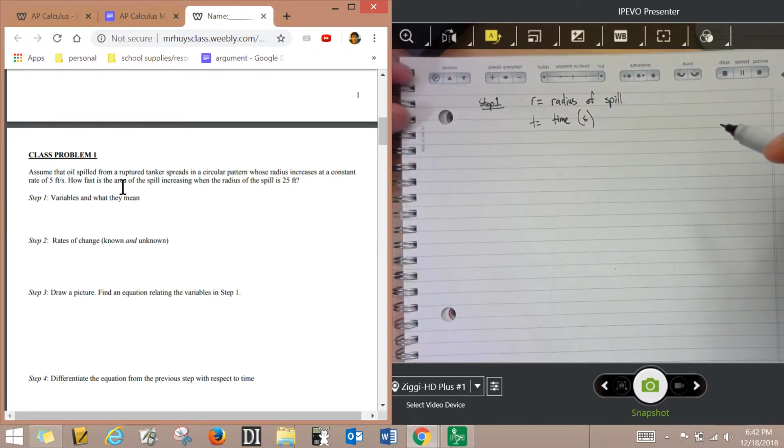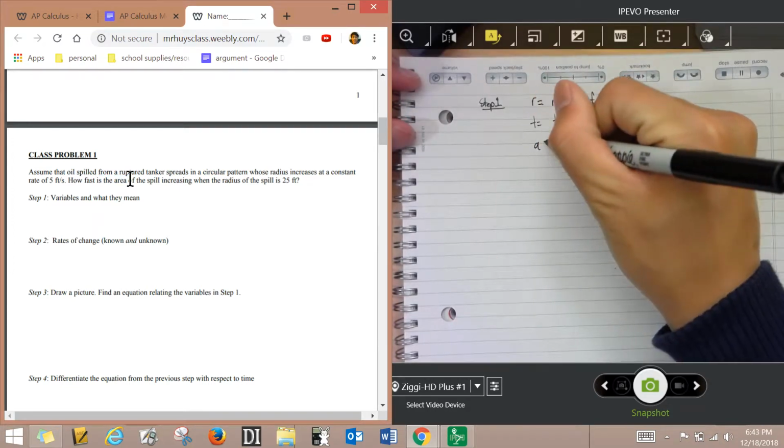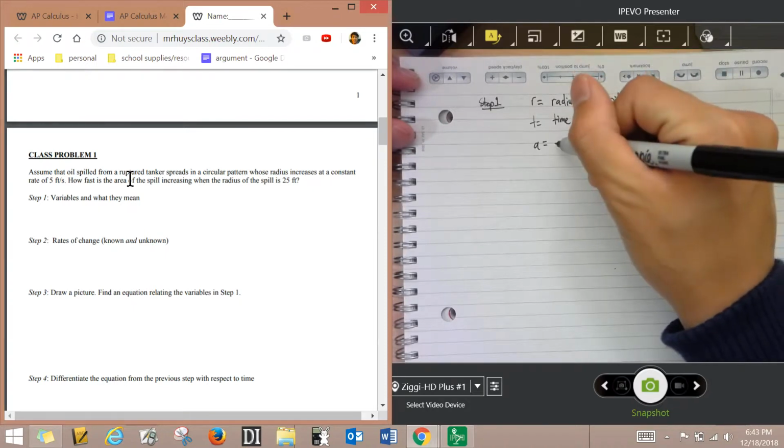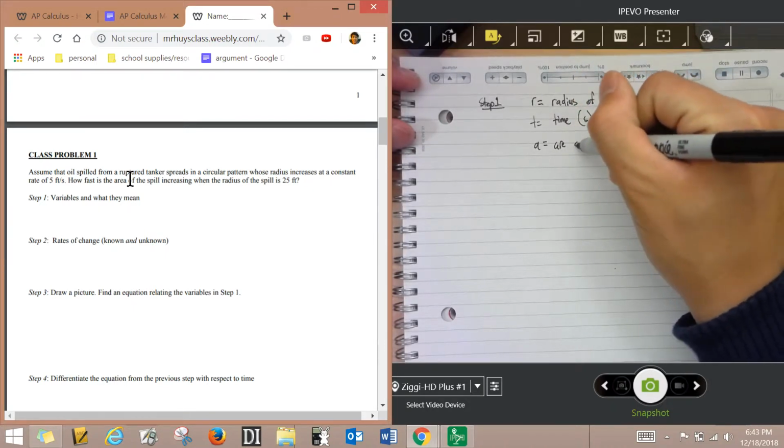Okay, what else do we see here? We got a circular pattern, and we have a radius that's increasing, spreading in a circular pattern. How fast is the area? So area right there should tell you that we're also looking at A is equal to the area of the spill.